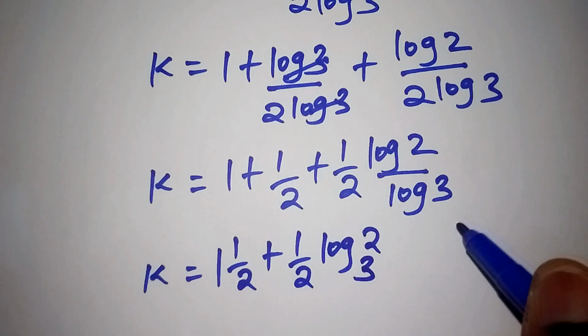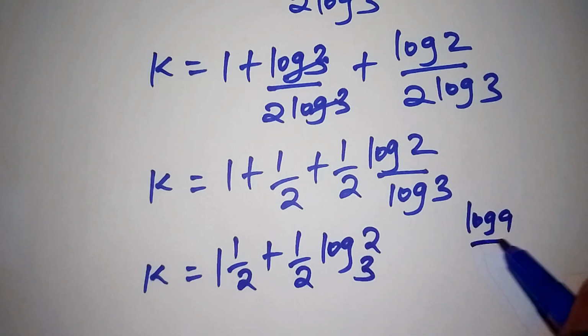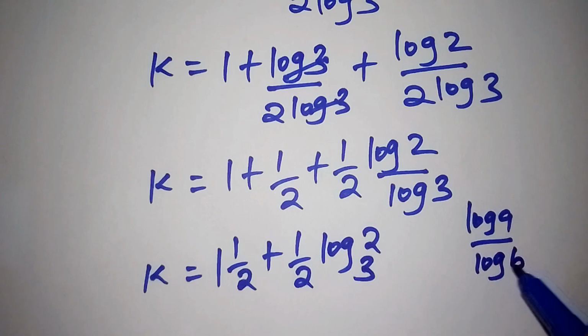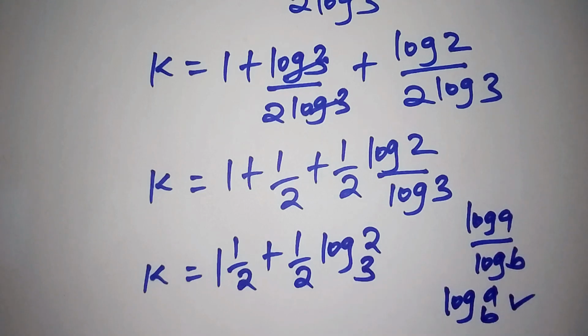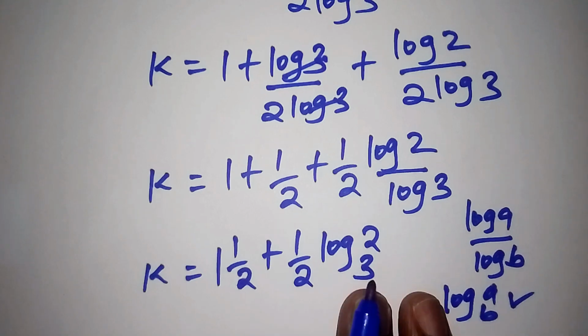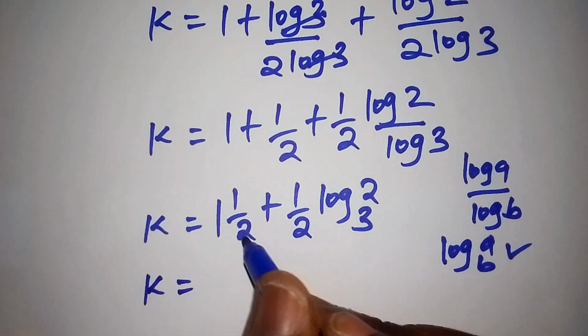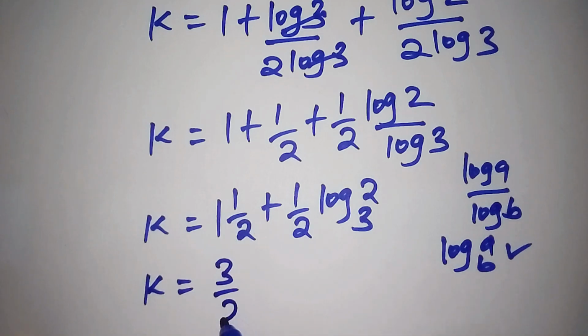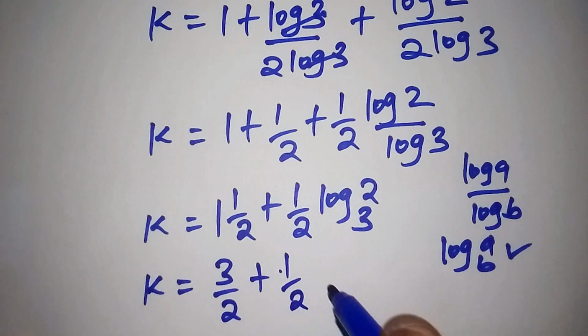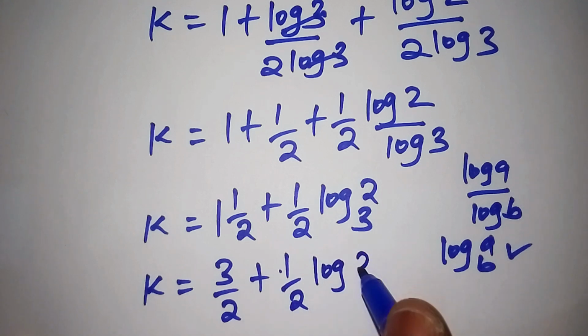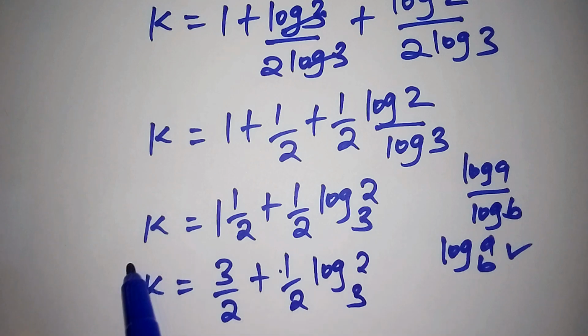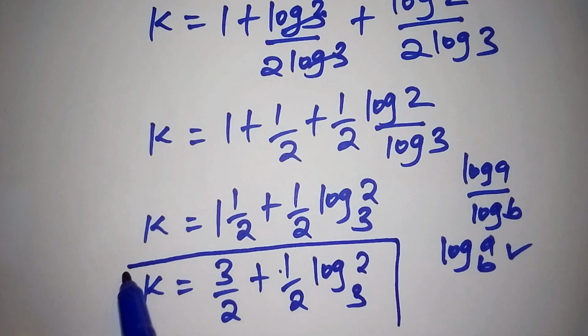The reason is that when you have the log of a all over the log of b, this can also be written as the log of a to the base of b. So finally, our value for k is equal to 3 over 2 plus 1 over 2 times the log of 2 to the base of 3. This is our final and most correct answer.